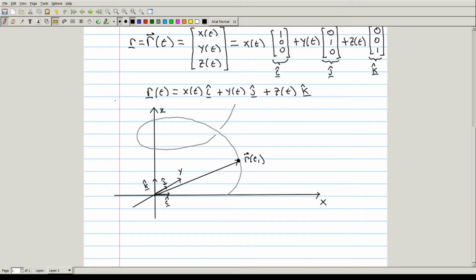As t increases, t2 is a little larger value than t1. You could have another position vector right here, r at t2. But in general, for points on this parametric curve, for a given value of t, when we plug that value of t into the parametric curve function, we get back out a position vector of points on this curve.